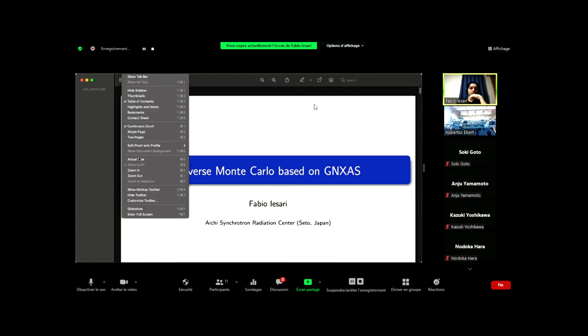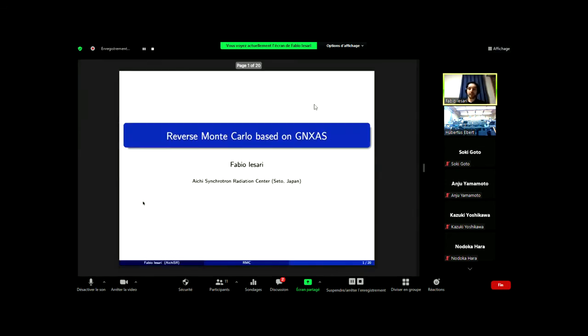Okay. So I will briefly talk about reverse Monte Carlo. This is based on GNXAS, so I will explain briefly what reverse Monte Carlo is and why we decided to use it.